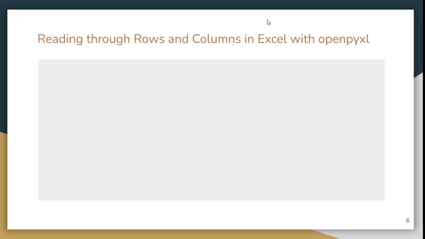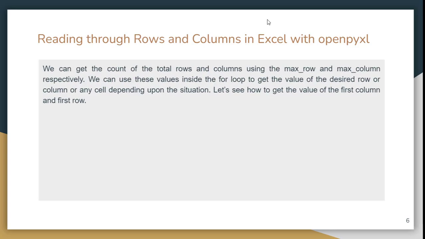Reading through rows and columns in Excel with OpenPyXL. We can get the count of the total rows and columns using max_row and max_column respectively. We can use these values inside the for loop to get the value of the desired row or column or any cell, depending upon the situation.